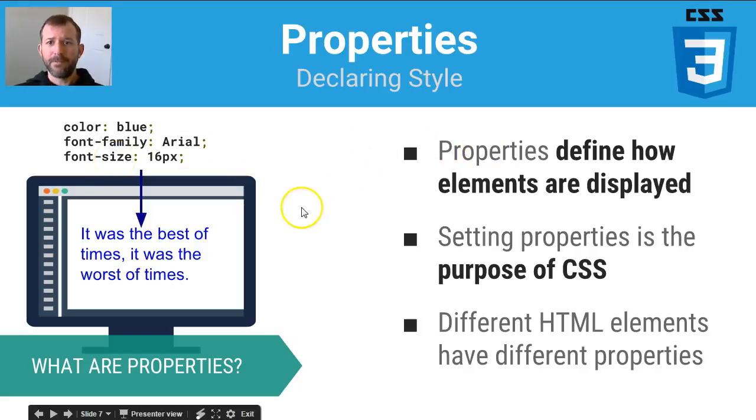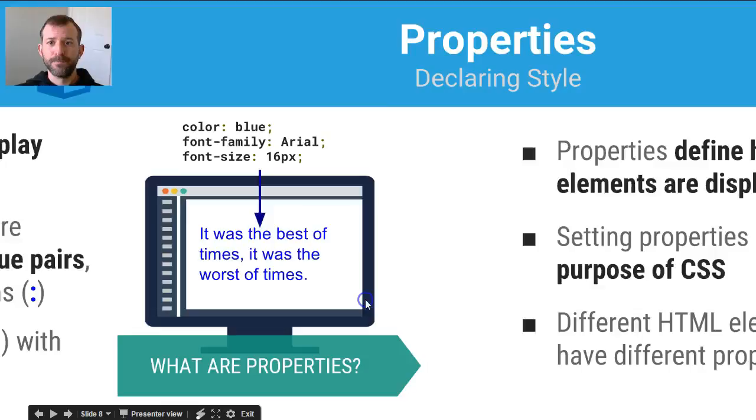So these properties define how elements are displayed, and you can set them to different values to control them. So the whole purpose of CSS is to set these properties to the values you want. When you do that, you can control the display of the page. Depending upon the HTML element that's involved, they may have different properties. But there are a lot of properties that all elements seem to share.